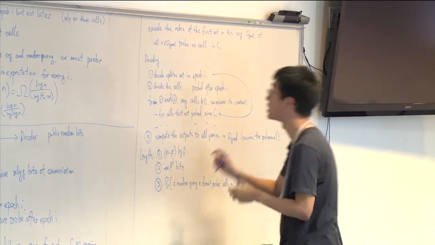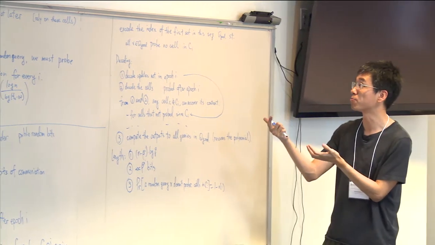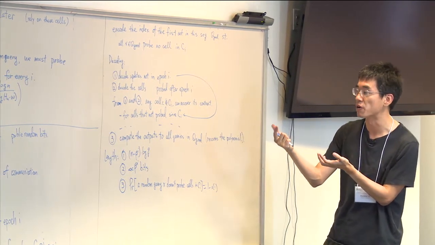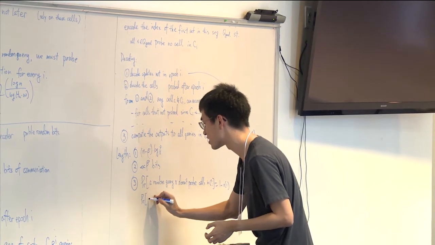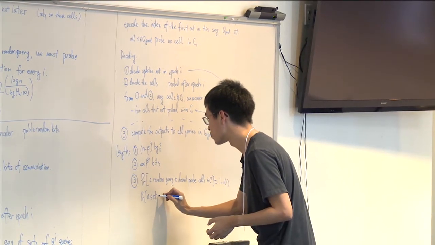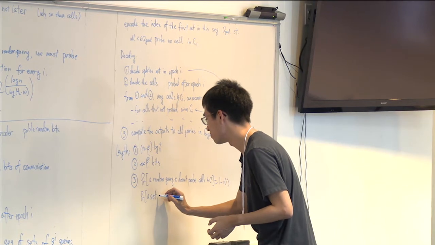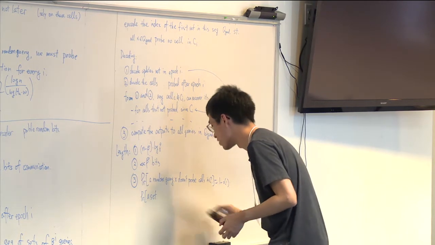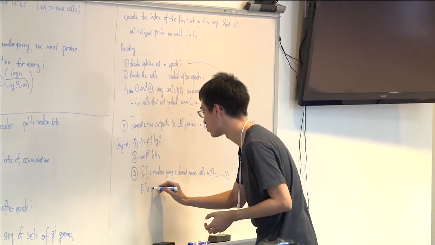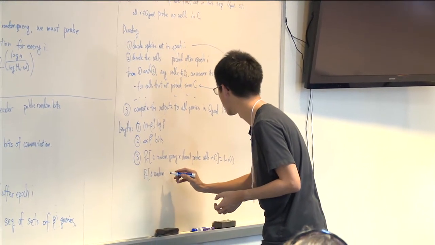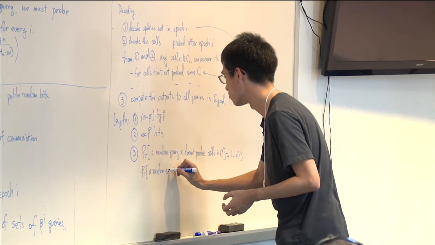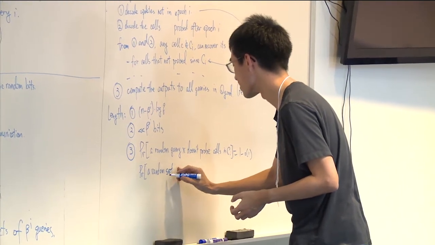Then that means if we want to sample a set of beta to the i queries, then the probability that this is a good sample, so for a random set of beta to the i queries that all do not probe things in C_i, is this number to the beta to the i.